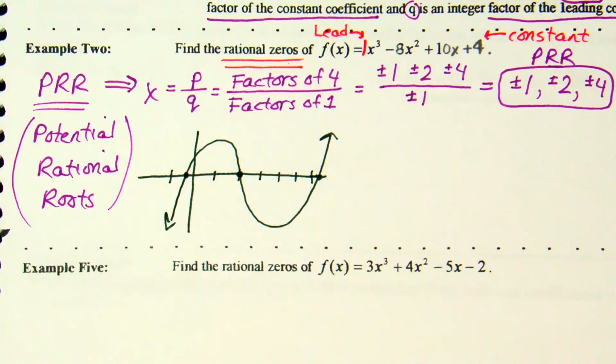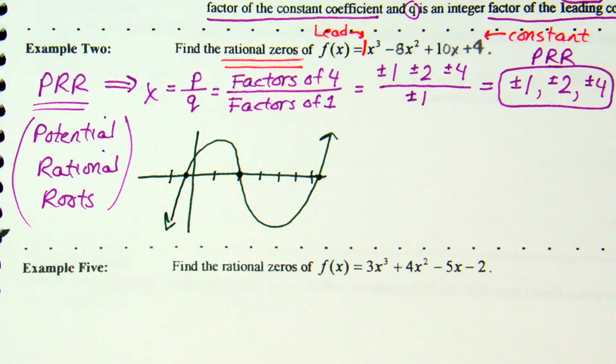Based on this graph, what values should I try from my list of plus or minus 1, 2, and 4? Which ones does it look like are zeros according to my graph?